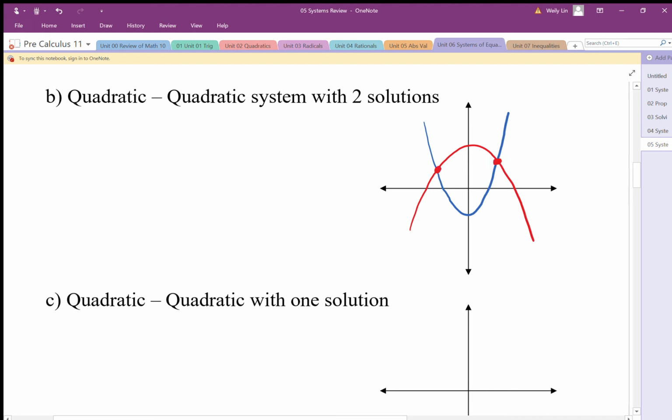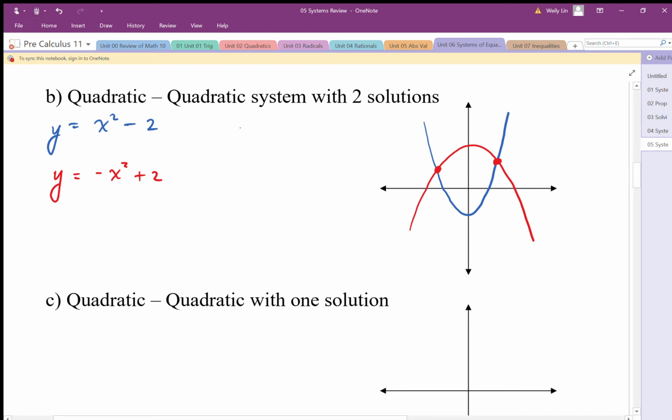Okay, so if I want to come up with an equation for this, I can write an equation for the quadratic that goes up, and I'll write the equation for the quadratic that goes down. So I'm going to write negative x squared plus 2. Okay, so there's an upside down quadratic and a right side up quadratic. This is going to have two solutions.